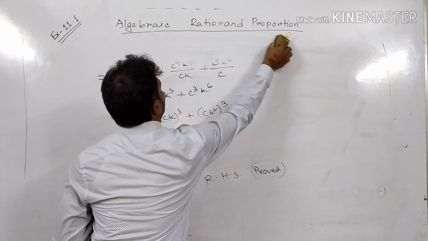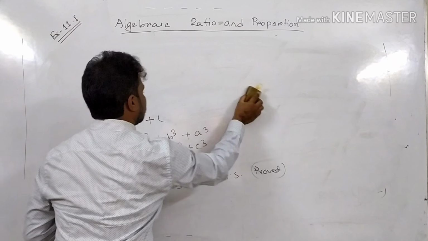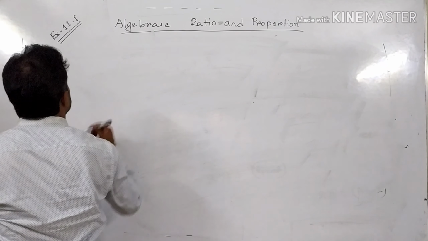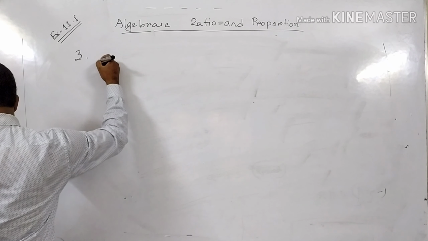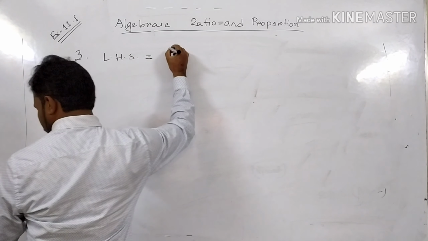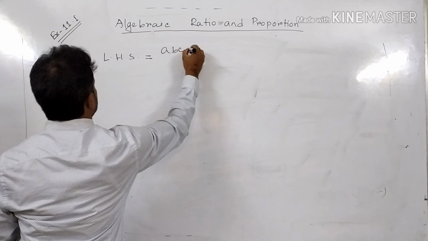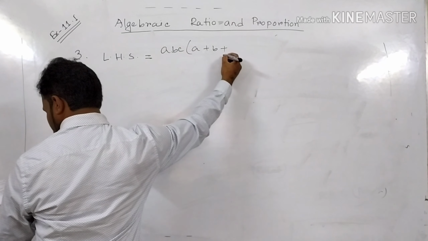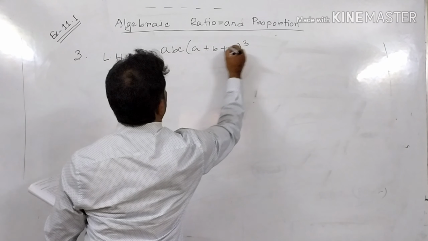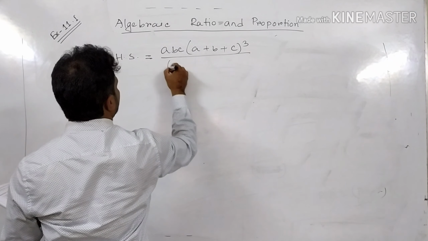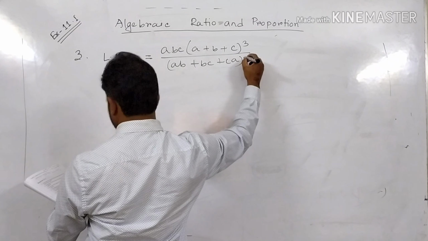Question number 3, left hand side equals abc into a plus b plus c whole cube divided by ab, bc and ca cube.